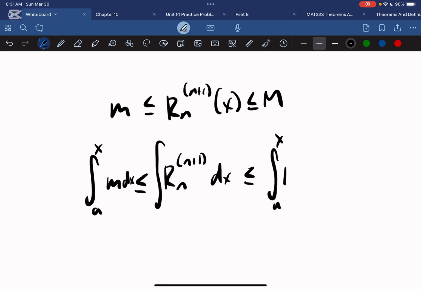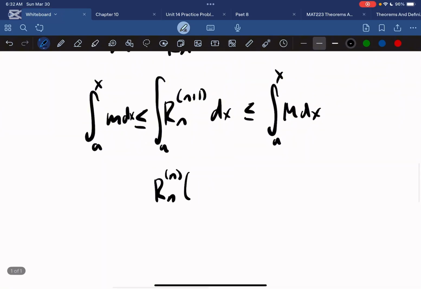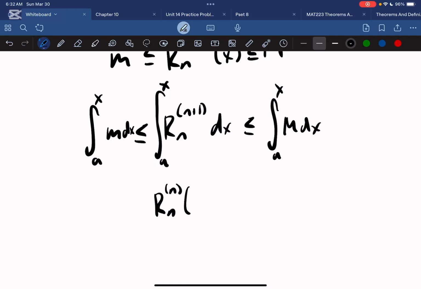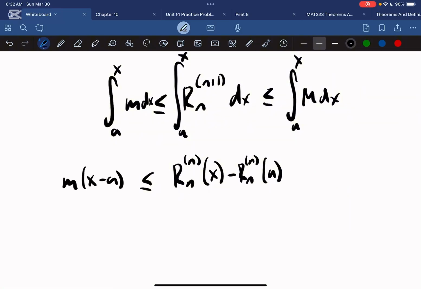Okay, well, you should agree that we can do this, right? And now, would you agree that we end up with Rn at x minus Rn at a, right? In the middle, and this is all less than or equal to m times (x minus a), less than or equal to big M times (x minus a), right?